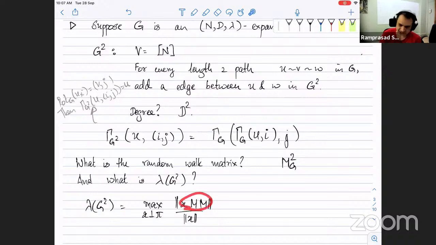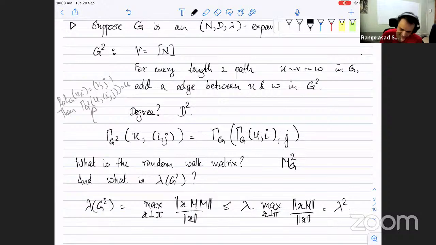And now the second operation will shrink it by another factor of lambda. So this is going to be at most lambda times the max over x perpendicular to pi, and this is lambda squared.